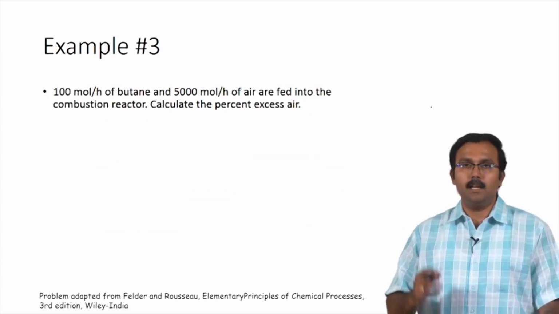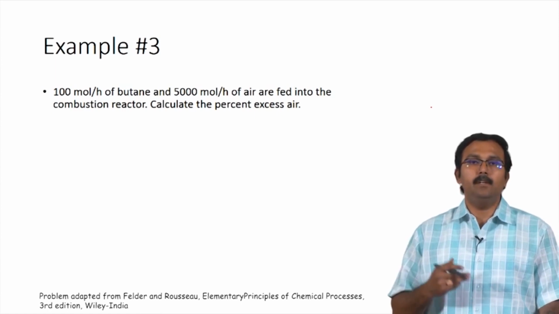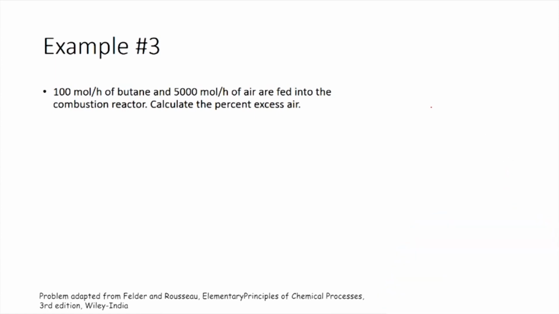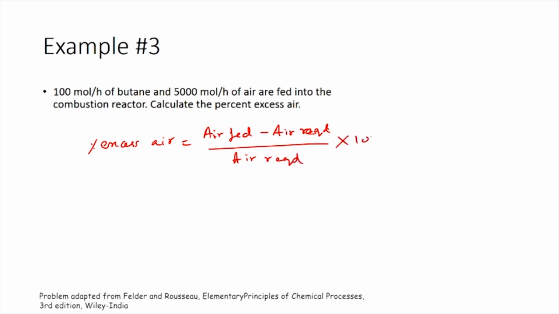Now that we know the theoretical requirement of air, we need to calculate the percentage excess of air. So, percentage excess of air can be calculated as follows. Percentage excess of air would be equal to air fed minus air required for theoretical complete combustion, divided by air required, times 100.